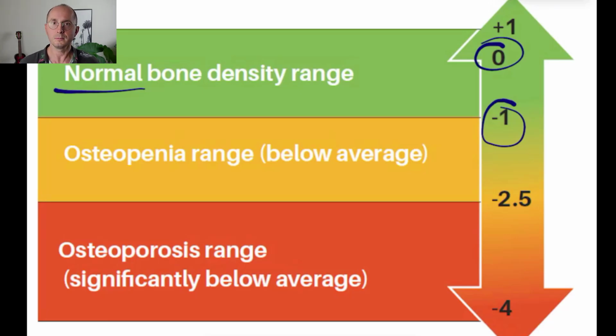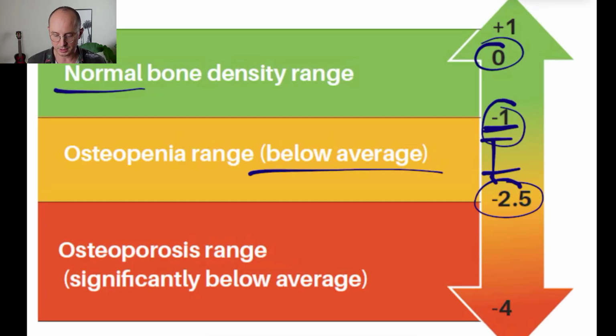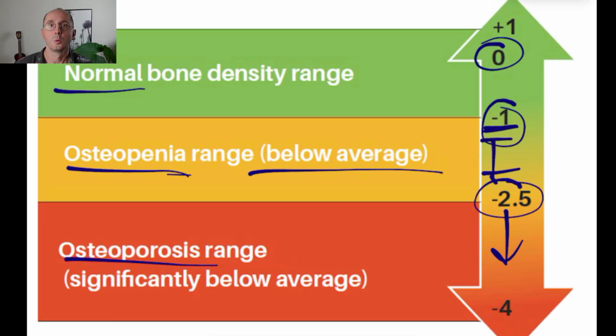And if your bone density is between -1 and -2.5 in this range here, then you might have a bit weaker bones than average. So you're below average, and that's often referred to as osteopenia. And if your T-score is -2.5 or lower, it means that your bones are weaker and you might have osteoporosis, which is a condition where bones can break more easily.